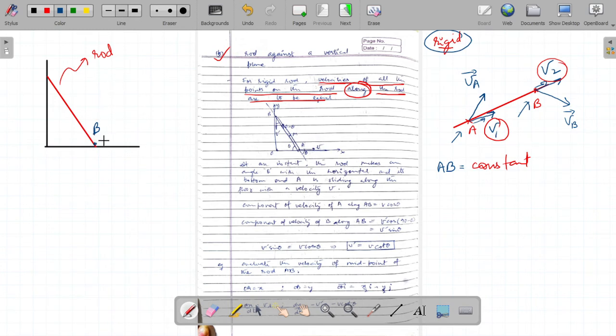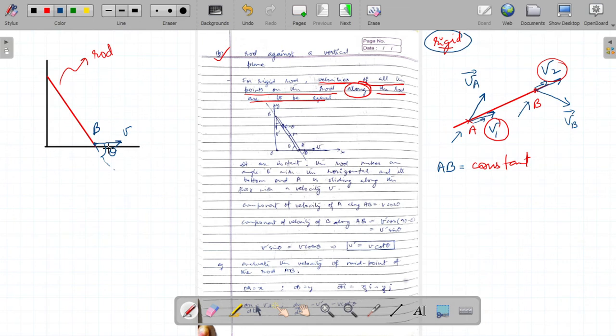The velocity of point B, that we know, is some V_B. And let's say the rod is making some angle theta with the horizontal.